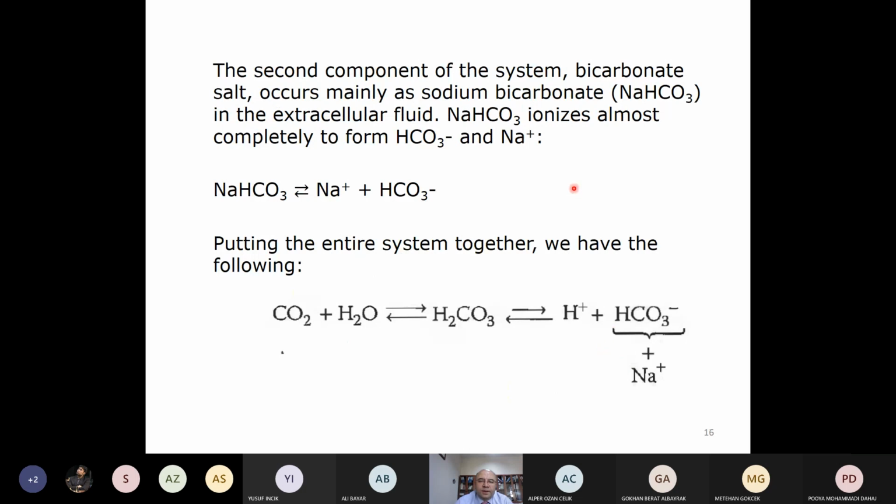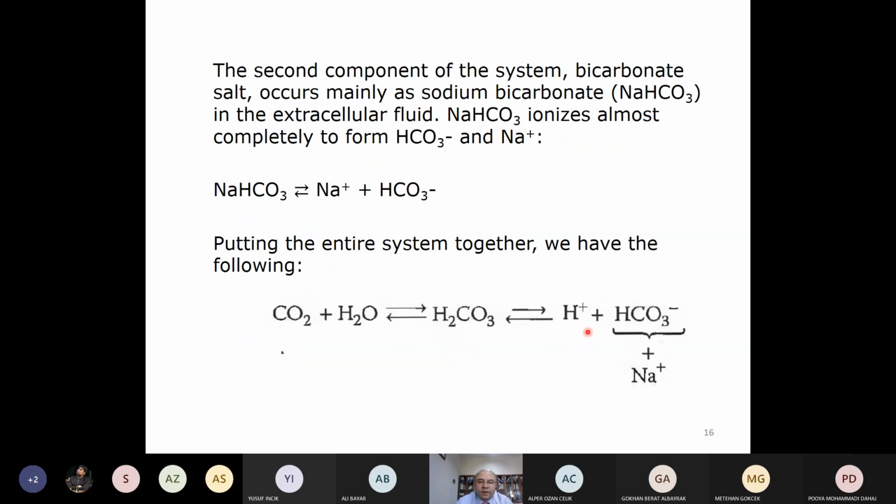The second component of the system, bicarbonate salt, occurs mainly as sodium bicarbonate in the extracellular fluid, and sodium bicarbonate ionizes and gives sodium ion and bicarbonate in the solution again.